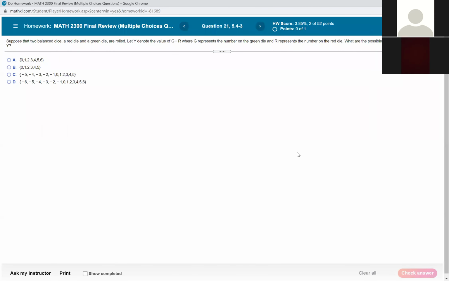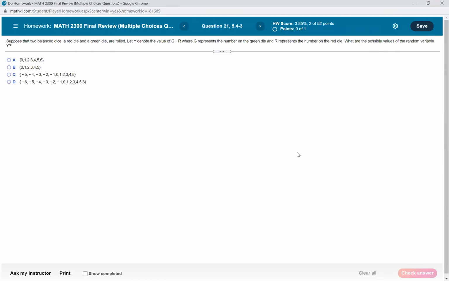Okay, so the next question is, suppose that 2 balanced dice, a red die and a green die, are rolled. Let y denote the value of green minus the red. So here y is the random variable, which represents the number we get from the green die minus the number we get from the red die.